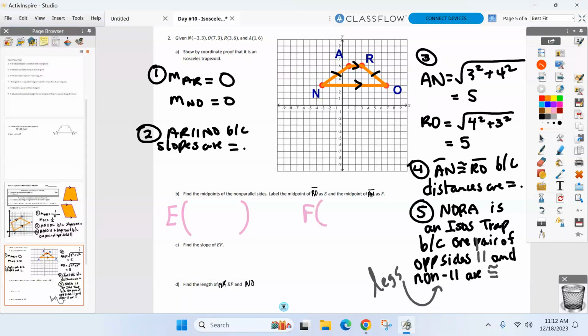So that's what I'd like you and your group to do first, find those midpoints. And I don't think on December 18th I should be giving you the midpoint formula again. I think you guys have that down pat. So go ahead, find the midpoints for me, and then we'll move on.